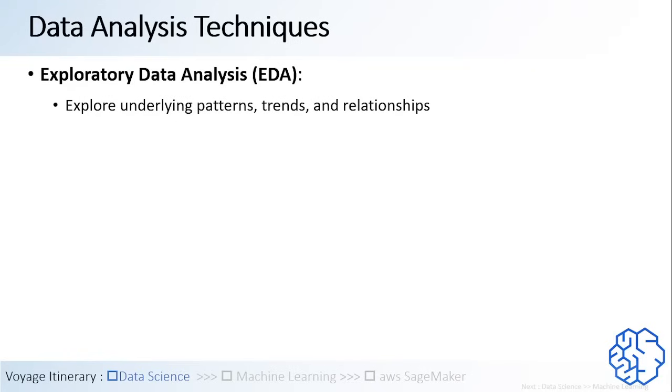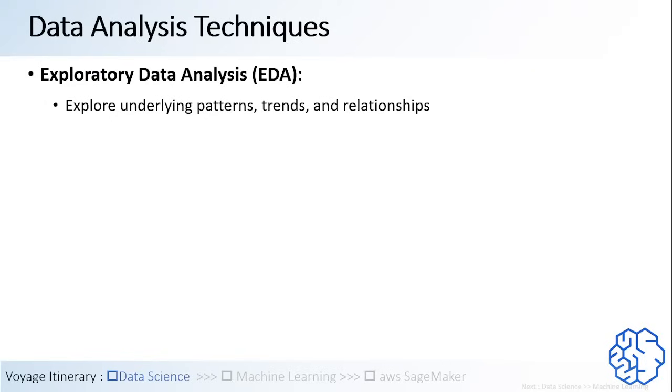We are trying to explore the data to understand the underlying patterns, the trends, and the relationships in our data. This is the very first step that most machine learning engineers and data scientists will do. They just explore the data. They are given data and a problem statement, a mission statement, that based on this data, can you do this for us?